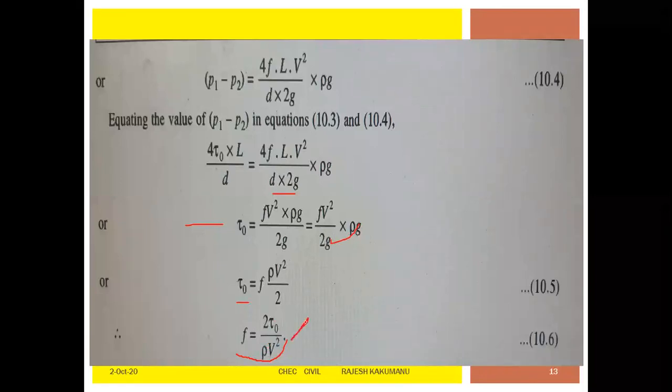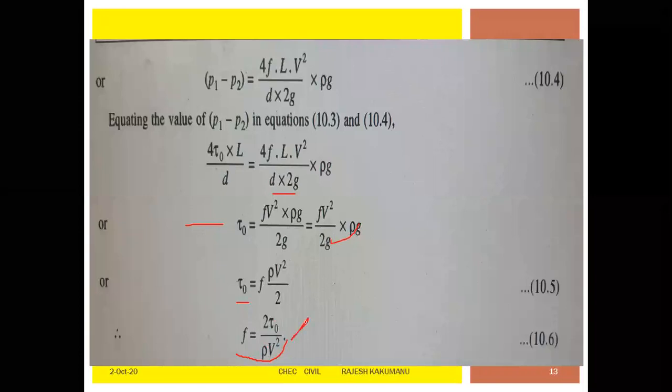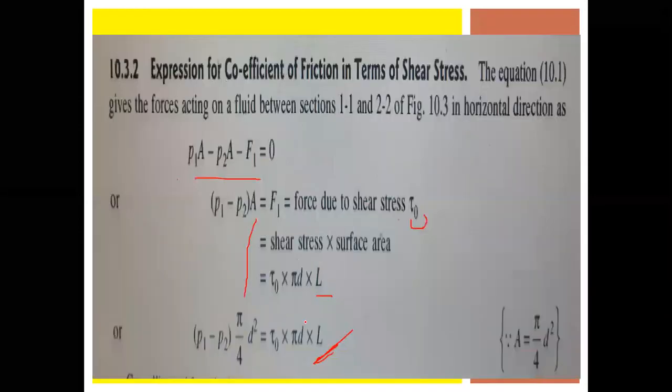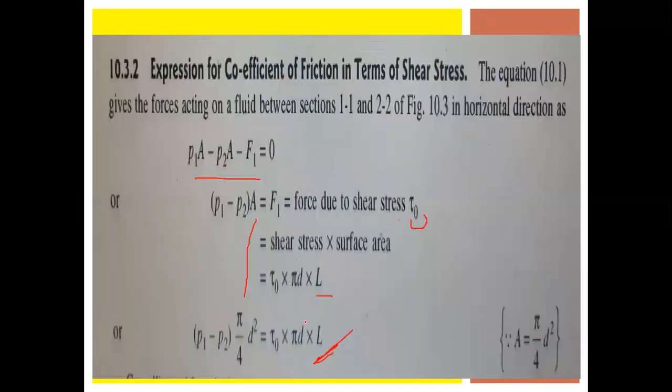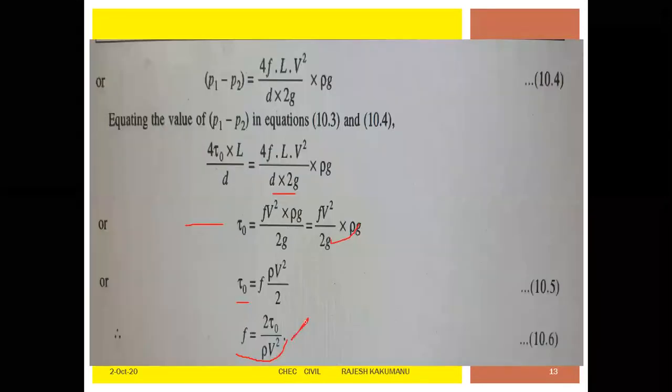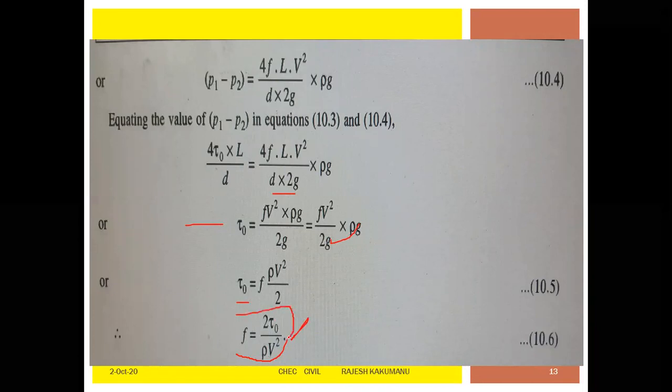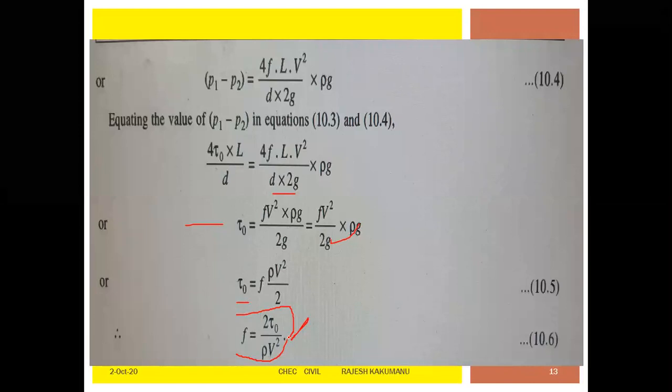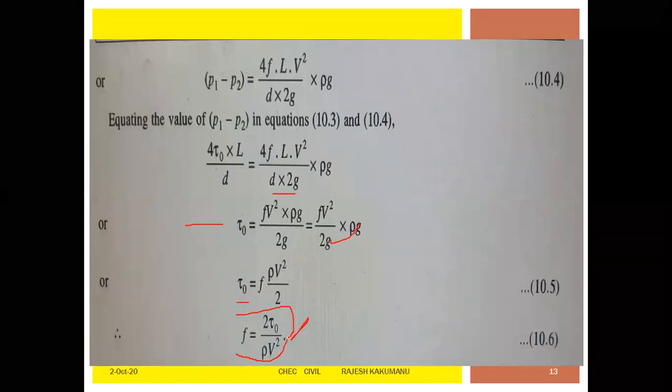This is the equation for the expression for coefficient of friction in terms of shear stress. So whenever shear stress problems come in problems, we can use this formula for horizontal pipe flow, right? Understood? This is for the coefficient of friction, that is, for friction factor. So whenever the coefficient of friction with respect to shear stress is given, we can use this type of equation.